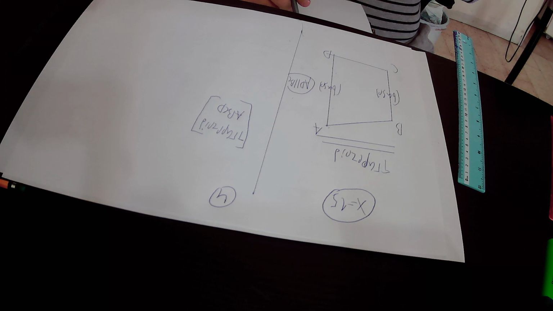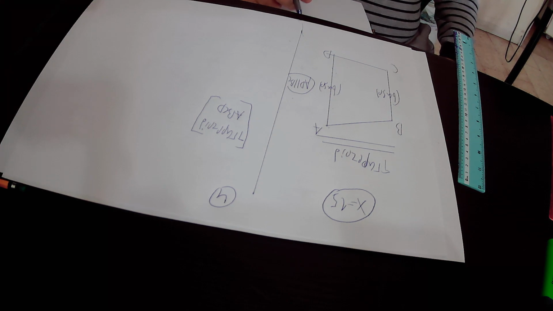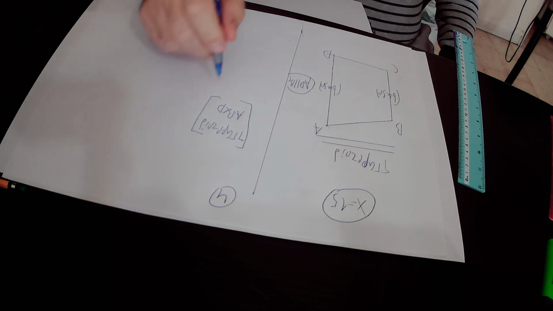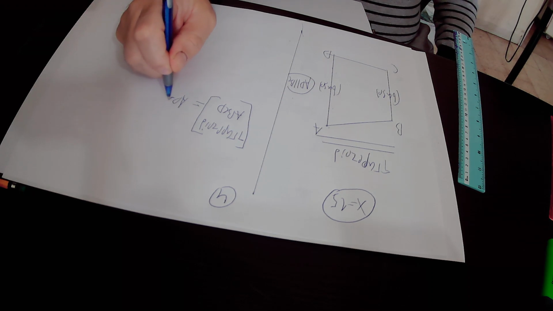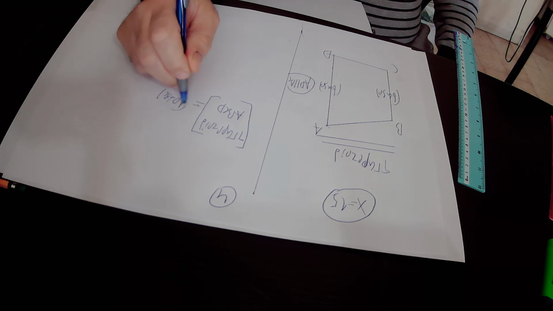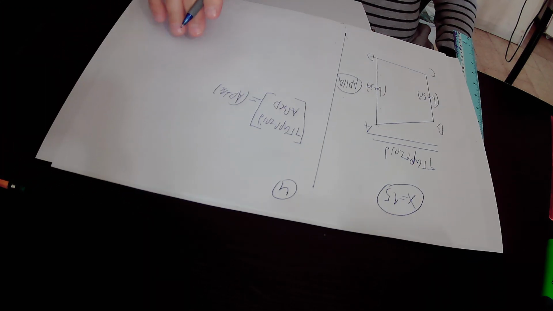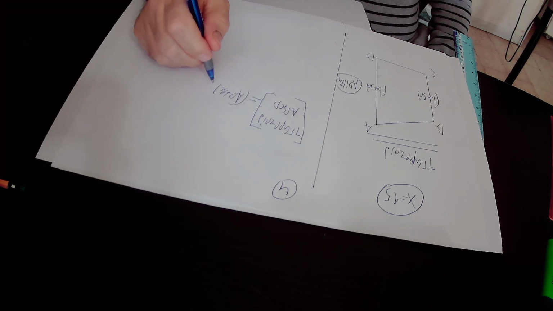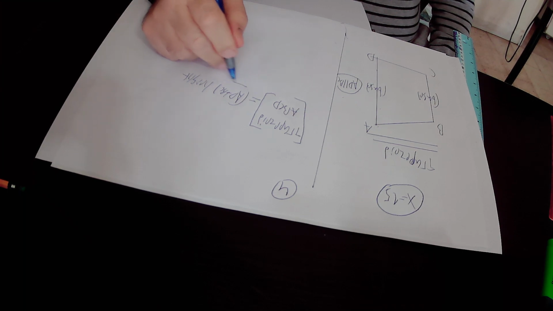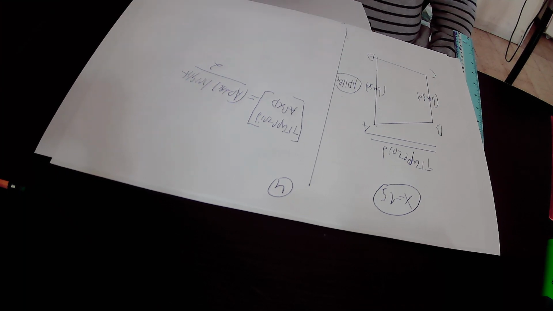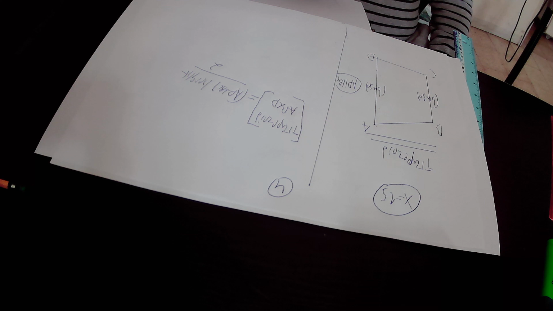So the area of trapezoid ABCD equals the sum of its bases, that is to say AD plus BC, times the height to the base, over 2. The height must create 90 degrees with the two bases.